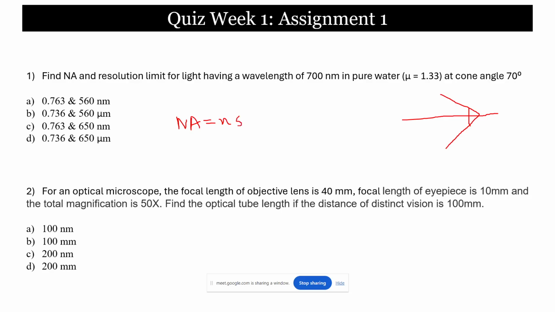Yeah, n sine alpha or n sine theta, where alpha is this theta. But they have given the cone angle as 70 degrees, so first we need to divide it by 2.